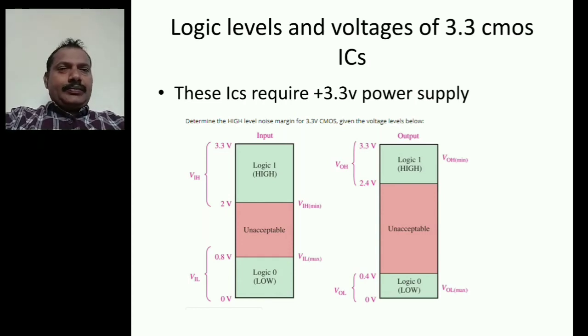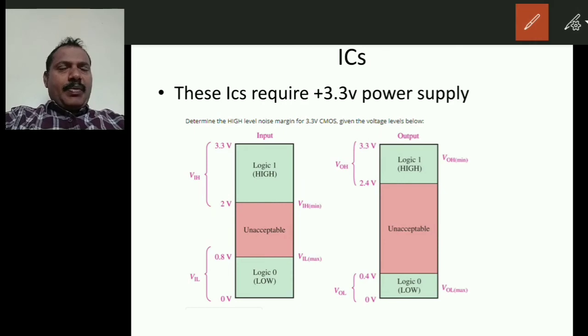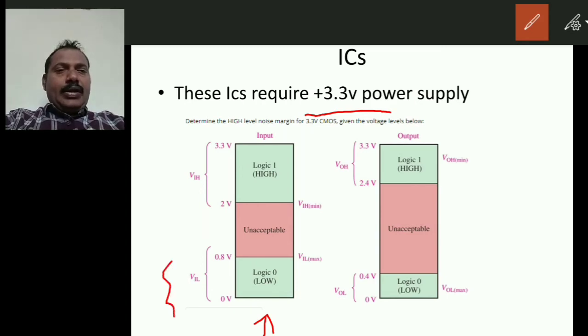Now, logic levels of 3.3. This is the 3.3 IC. For 3.3, for the input, logic 0 is having 0 volts to 0.8 volts range. Logic 1 is having 2 volts to 3.3 volts.